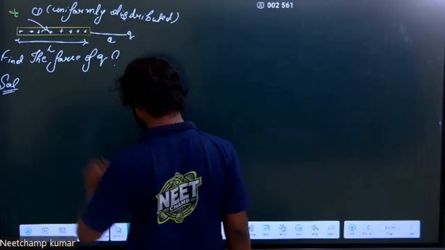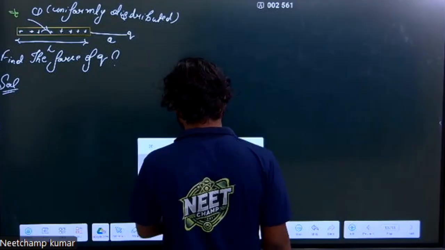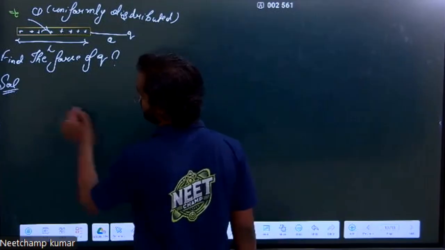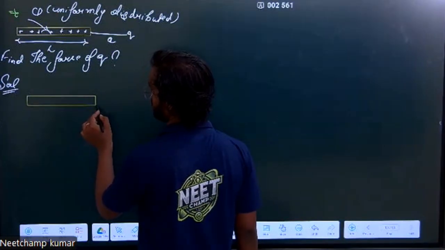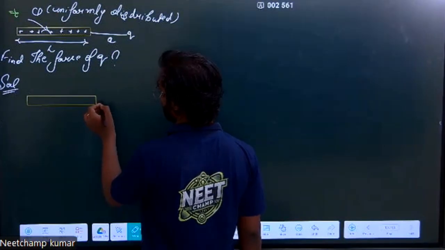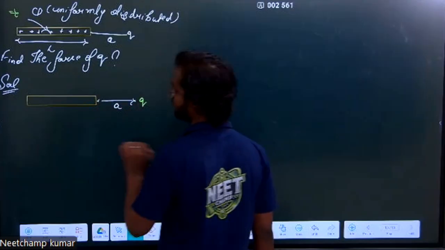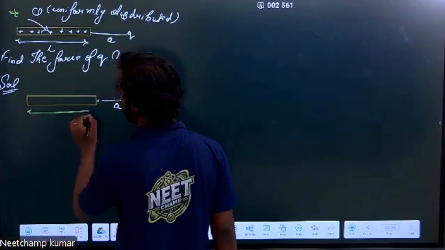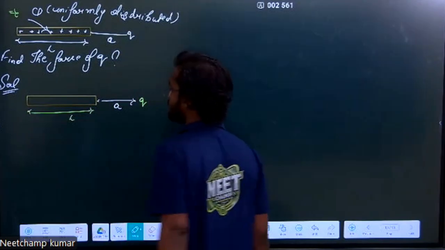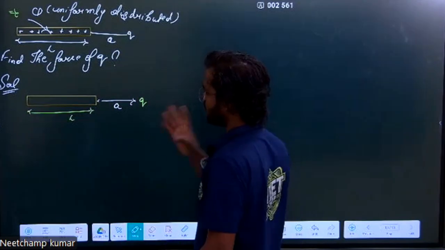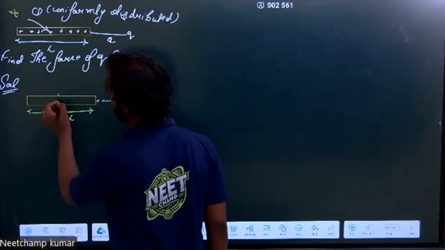So let us see here. First we will take this rod. This is my rod, and at a distance a from the rod I have a charge q. This length is l. My approach is very simple. I will break this rod into small elements.